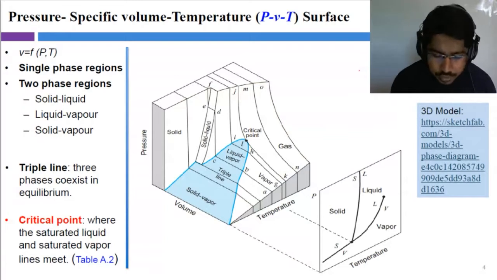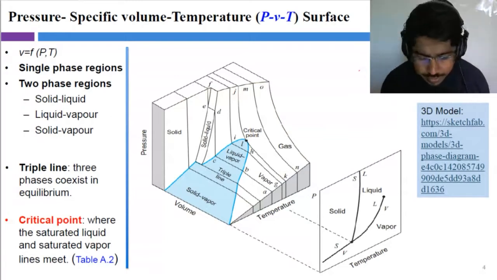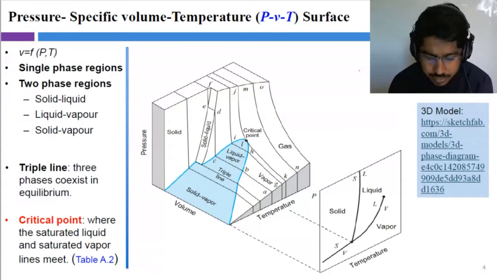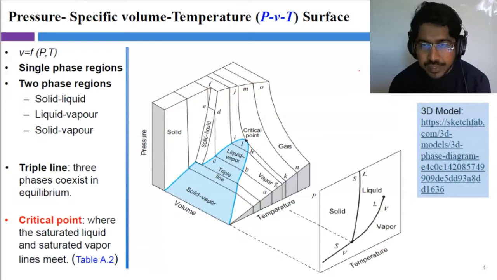Now let's go through this one and see what information is given here. So this PVT surface has single phase regions, right? What is single phase? In this phase, it's either solid, liquid, or vapor, gas, or something, right? No two things are in equilibrium.